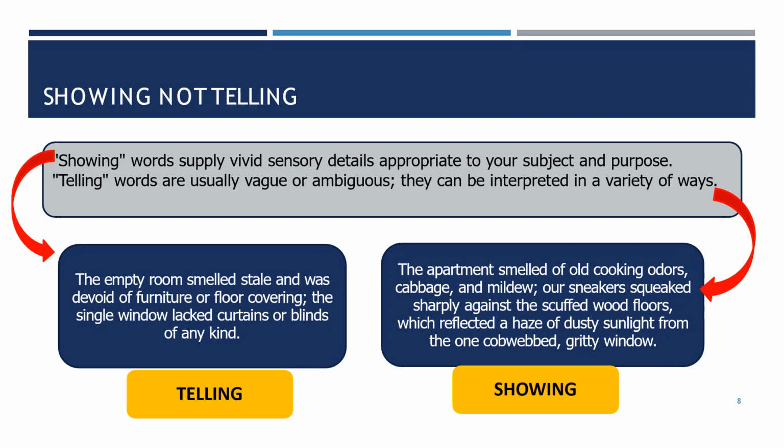So if we compare the two, telling and showing, in showing we have to attract the reader by using descriptive detail, yeah. So more detail and vivid language, and vivid sensory details.